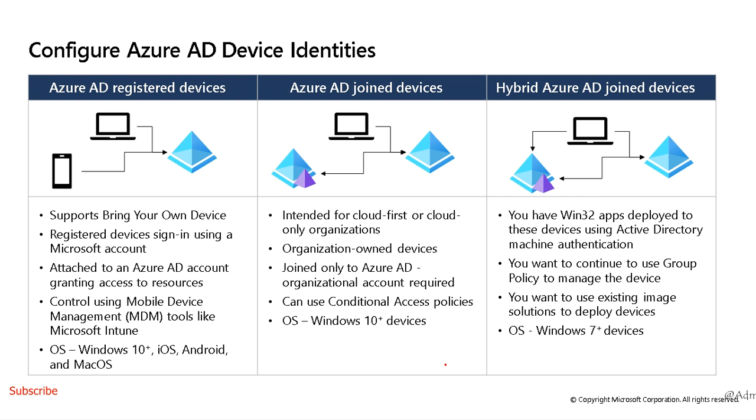A good example of this is when you want to access a company's Teams account, and they ask you to sign in with your personal email. When you're signing in with your own personal email, you are basically registering into the Active Directory. So registered devices sign in using a Microsoft account, and it's attached to an AD account granting access to resources.